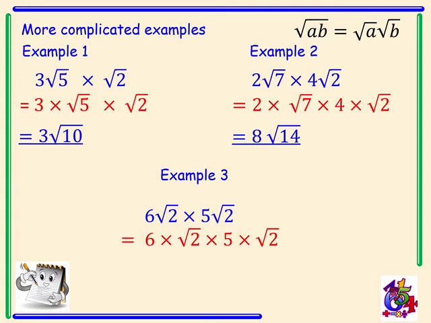So 6 times 5 is 30, but you also have root 2 times root 2. So 6 5s are 30, but root 2 times root 2 is root 4. Now the square root of 4 can be simplified, and it can be simplified to 2. So 30 times 2 gives us an answer of 60.